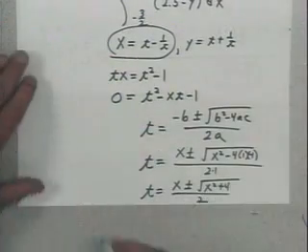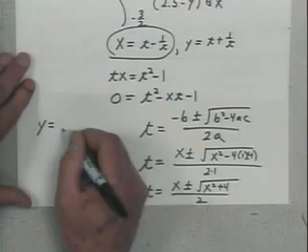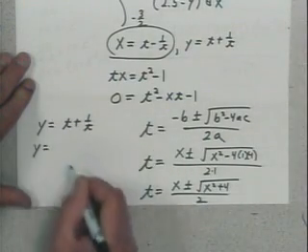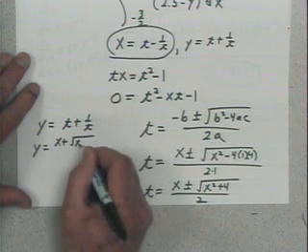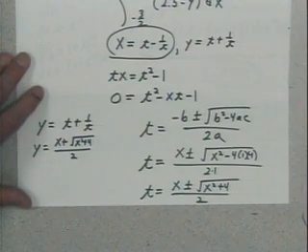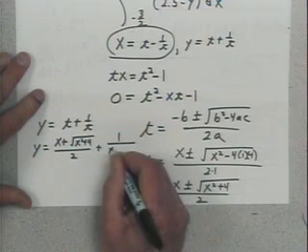Okay, so here's getting y right over here. y is equal to t plus 1 over t. But t is x plus the square root of x squared plus 4 over 2. Then I have to add to that 1 over that mess.